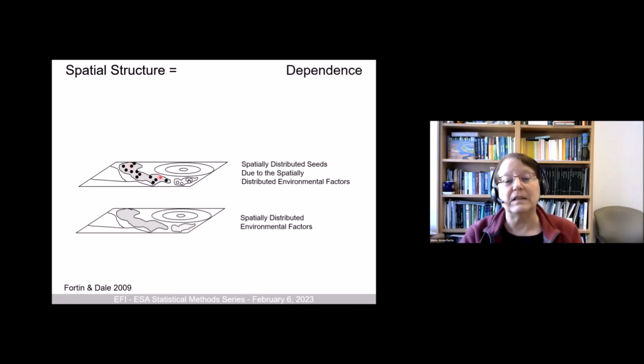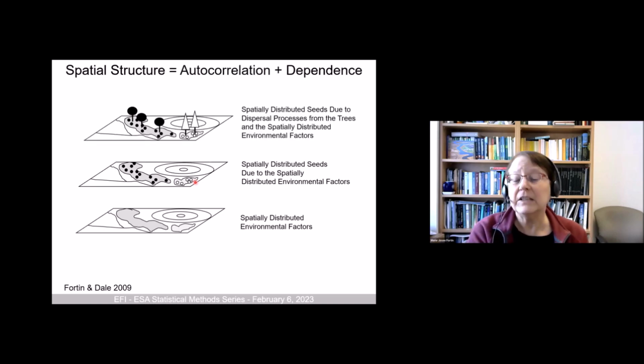So the black seeds are only in that patch, and the white seeds on the other patch. So now we're going to say the seeds have some kind of spatial dependency on the structure of the soil properties. Yet the seeds are coming from trees, so there's a kind of seed dispersal.